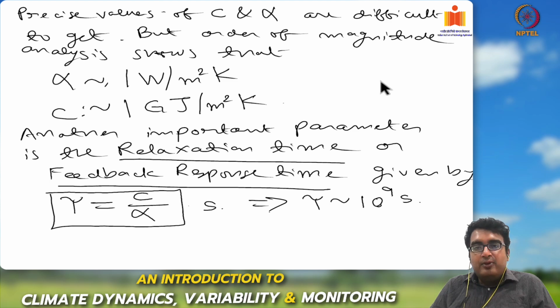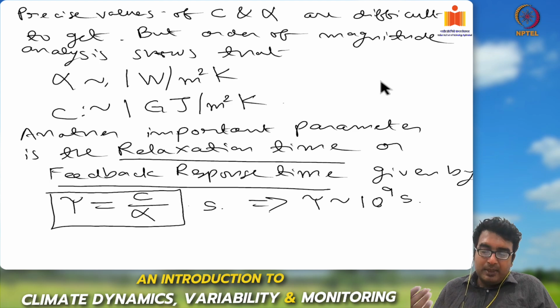So precise values of C and alpha are difficult to get. There is a lot of work that goes on in estimating these values. If you look at climatological papers, these values are estimated and the estimates get improved through careful measurement and modeling. In terms of the order of magnitude analysis, alpha is of the order of 1 watt per meter square Kelvin.